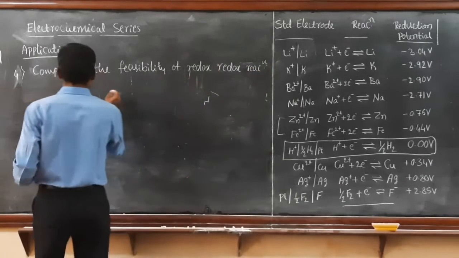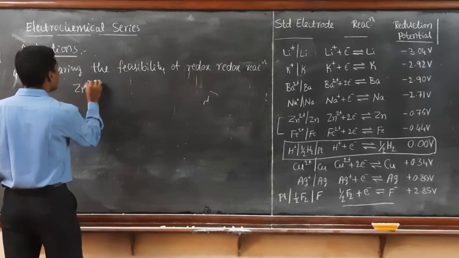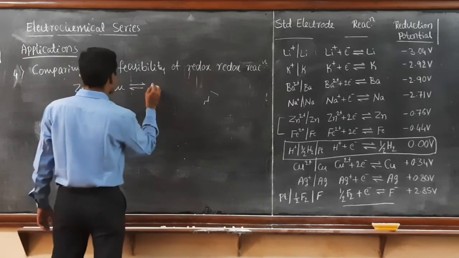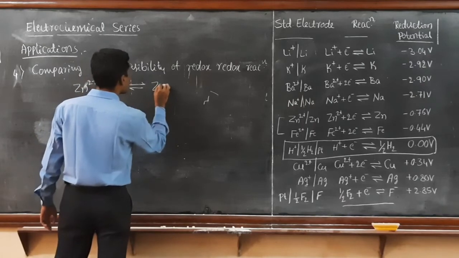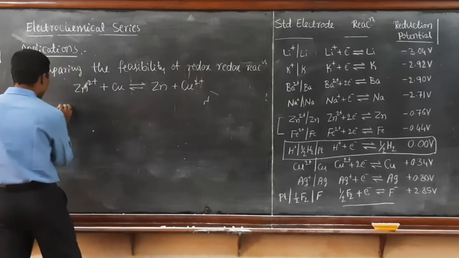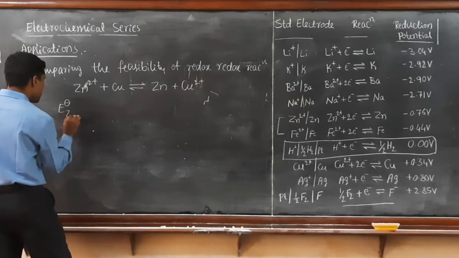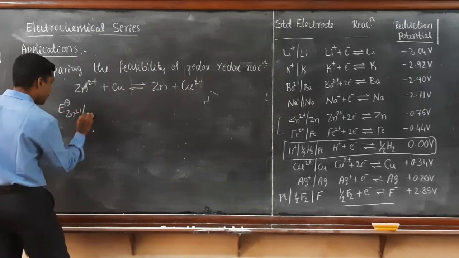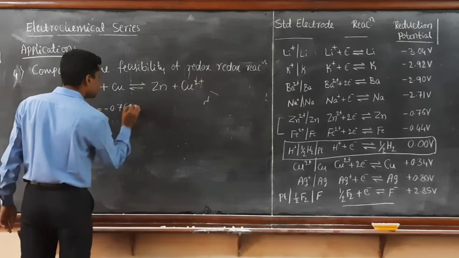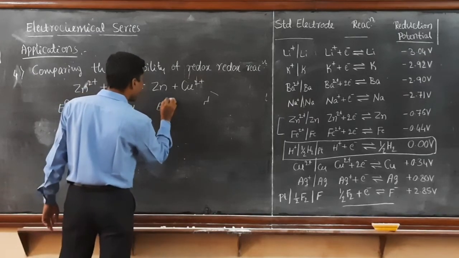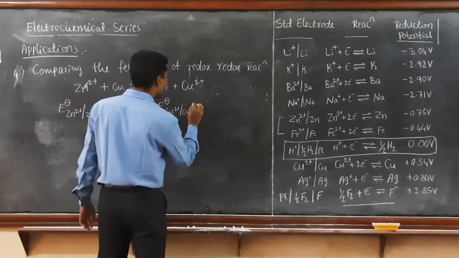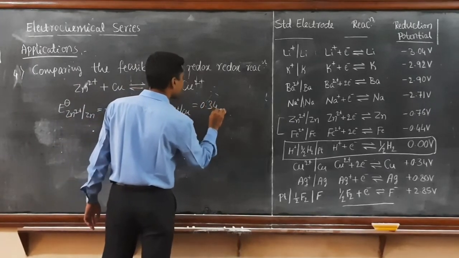For example, zinc 2 plus becomes copper, then Zn becomes copper 2 plus. You already know that the EMF of Zn2 plus is minus 0.76 volt, and the EMF of copper 2 plus is 0.34.